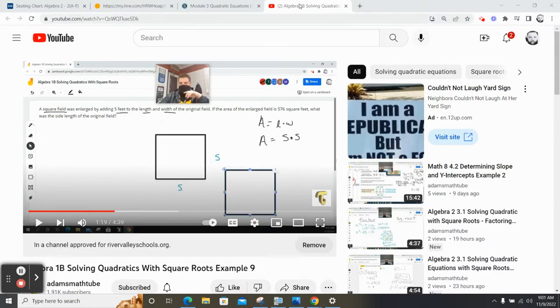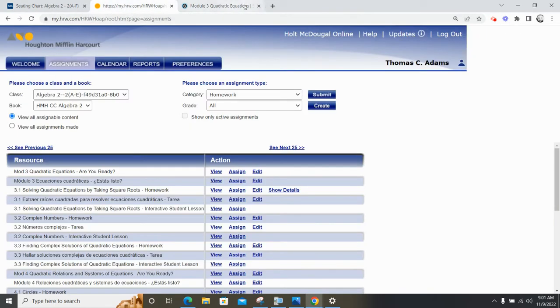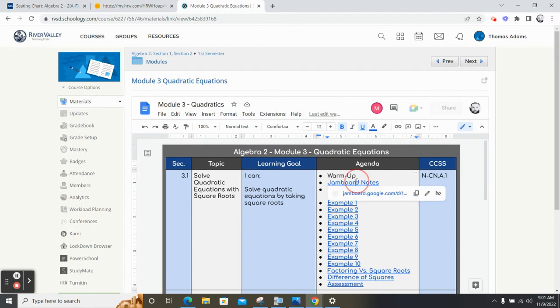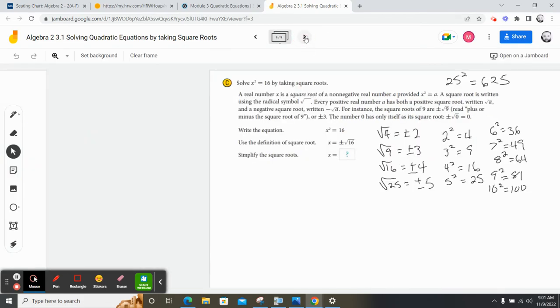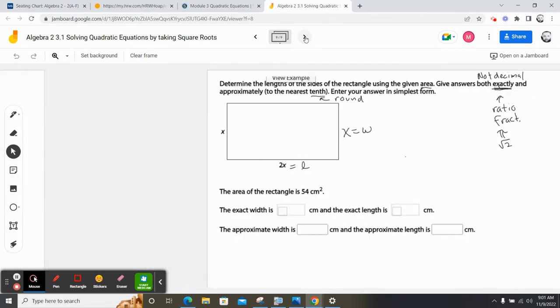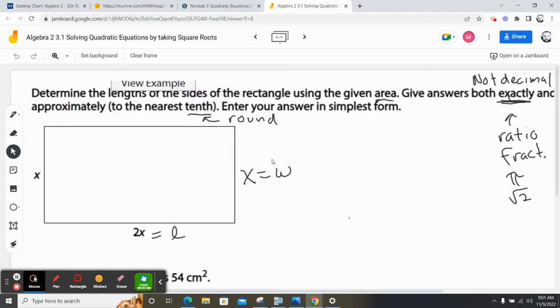But if we go back, shoot, I closed the Jamboard notes like a goofball. So we're going to do the same thing here, right? They give us the area, and now I know next time I'm just going to do all the examples.